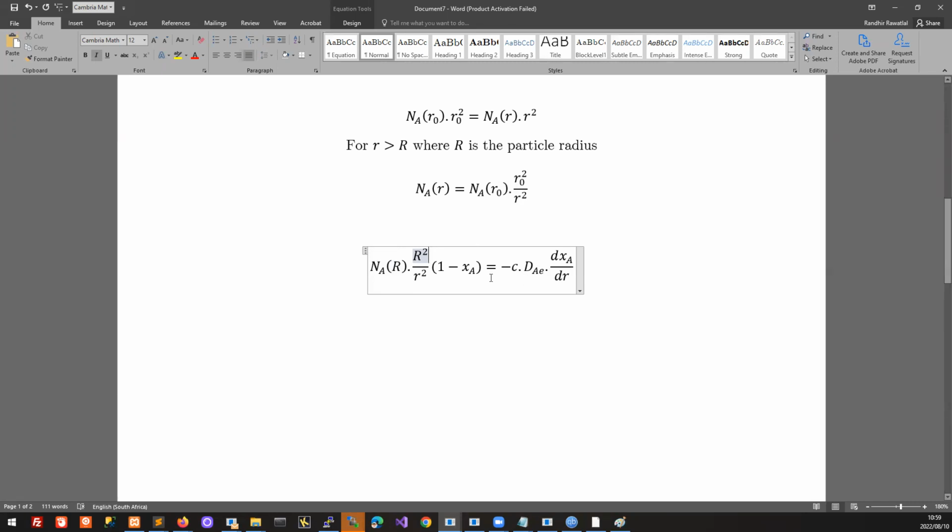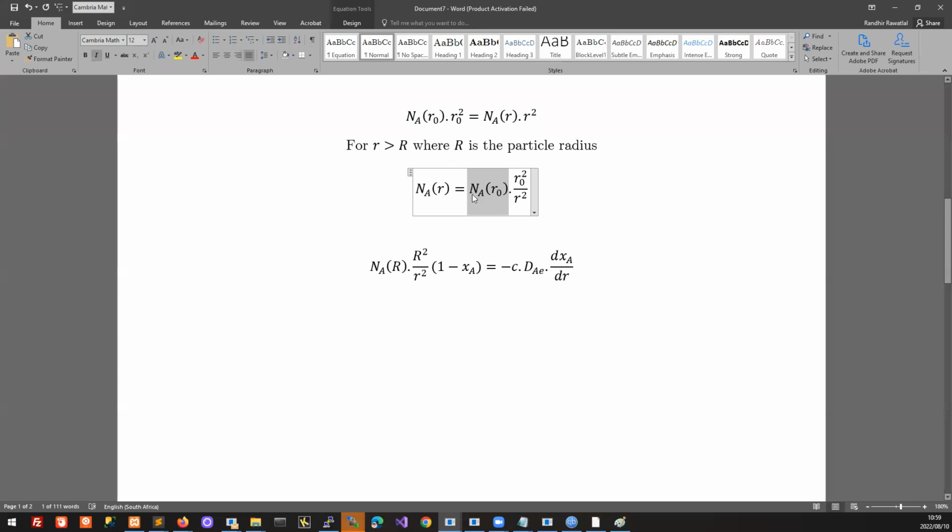And yeah, what we have to do now is still integrate this. And so here, this is NA at R. So this is a specific flux, right? Generally, NA is a function of radial position R. And now we've created a function of R where this is a constant.